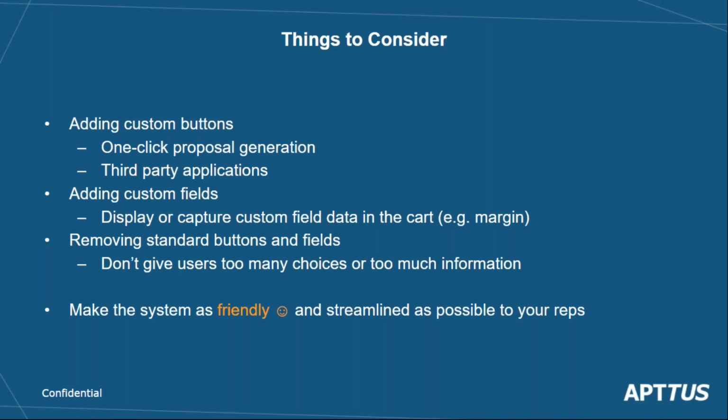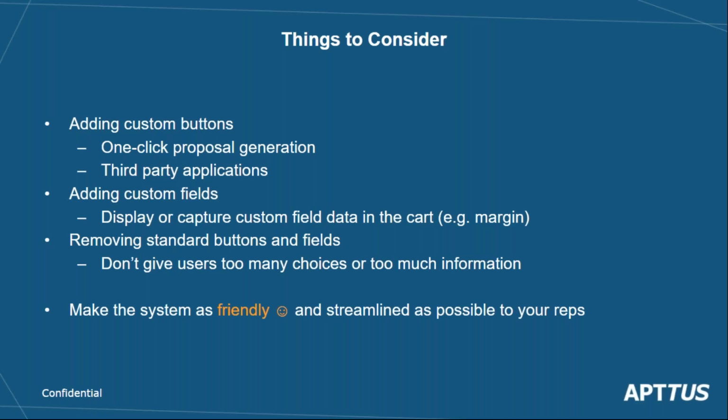Like if there is one click proposal generation that we have to do, we can create a custom button and then expose it and just put in the logic of generating that proposal on one click. That is something that you will have to do a little bit of customization for, because it will be a custom button.